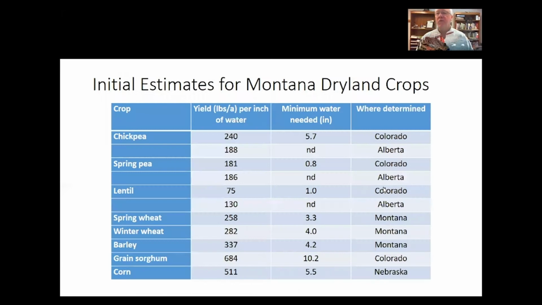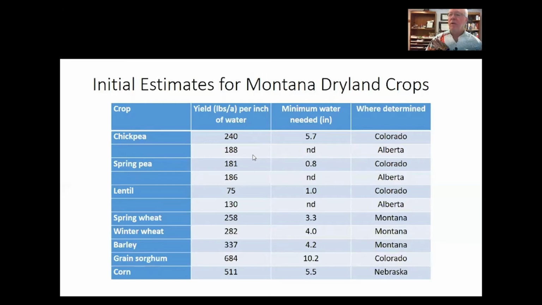Convert that to English units, pounds per acre inch. This data from Colorado is from that chart: 240 pounds per acre inch of water for chickpeas. There are other locations that have data that are near Montana. One from Alberta I found is around 188 pounds.